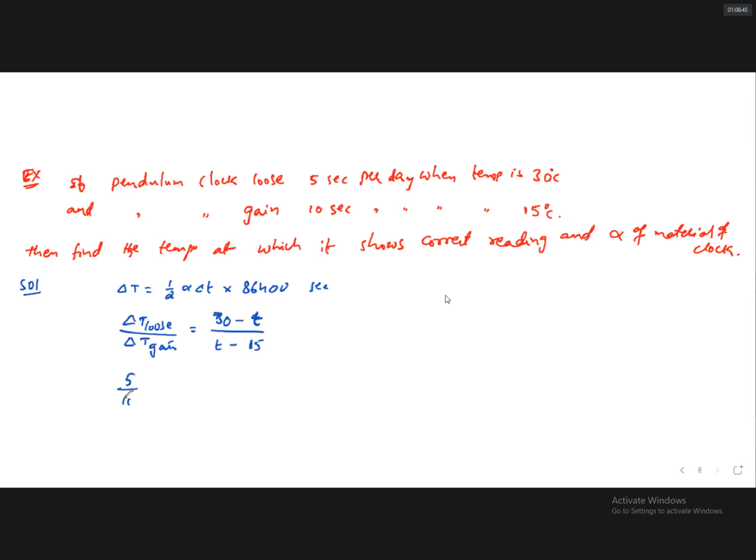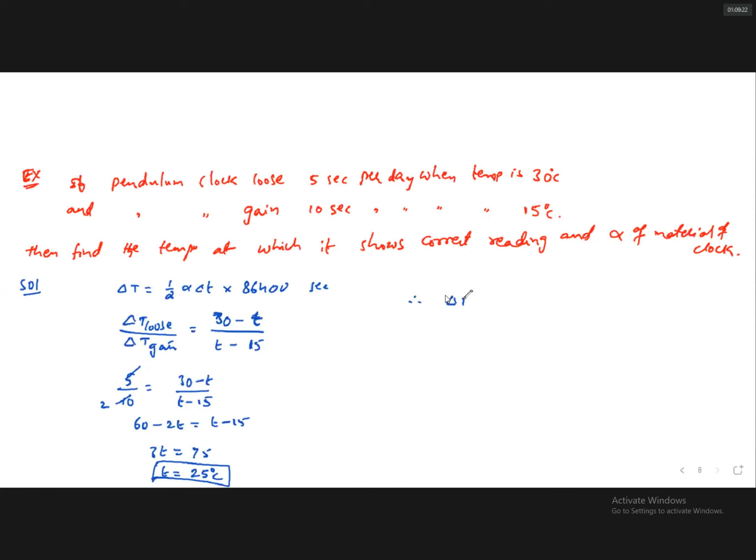So loss of time 5 seconds, gain of time 10 seconds, higher temperature 30 and lower temperature 15, which upon simplification, 60 minus 2t is equal to t minus 15, because the 5s get cancelled. Cross multiply, we get 3t is equal to 75. Therefore, t equals 25 degrees Celsius. Therefore, this is the calibrated temperature of the pendulum at which it gives the correct reading.